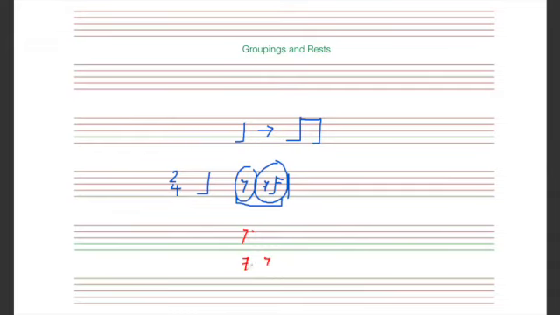Because then that wouldn't be the proper grouping. So when you have a beat which is a little bit empty, for example, this crotchet is not a full crotchet, then we split it into half. So instead of grouping in crotchets, we divide and group into quavers, and then we assign the rests accordingly like that.